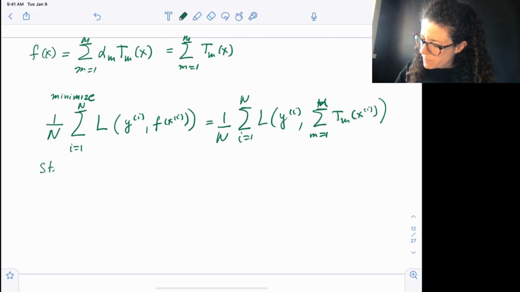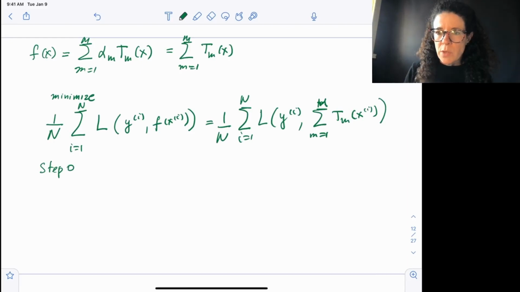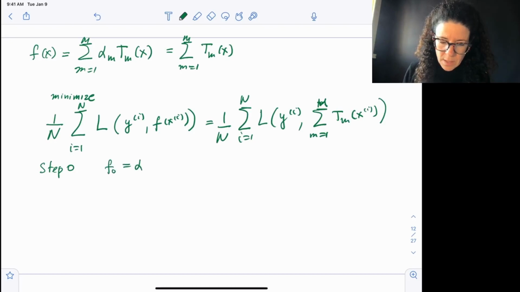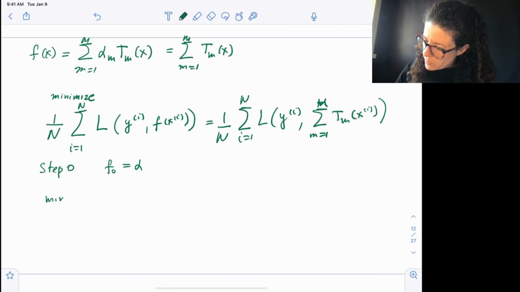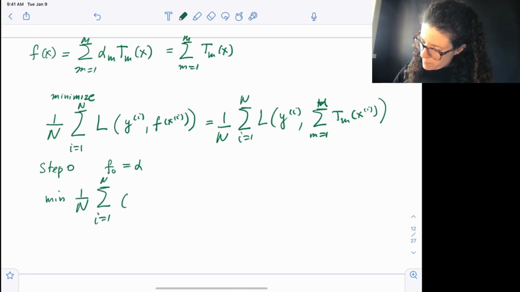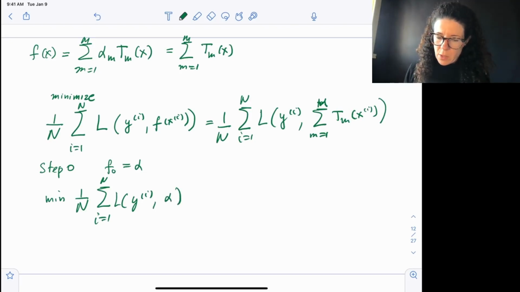Step 0 will consider a constant function. f0 is going to be a constant alpha. And how are we going to find alpha? We're going to find alpha such that we minimize the loss, so we find the best constant for that loss function.